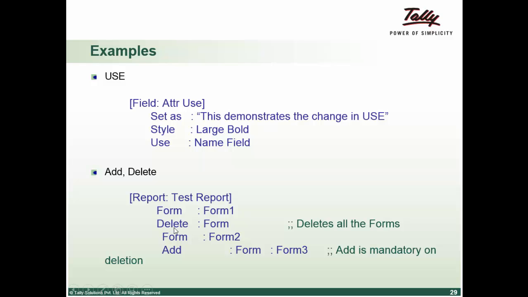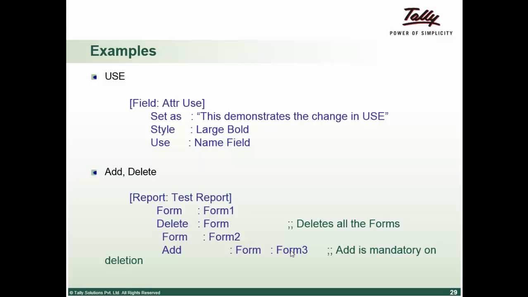Then we have written delete form, then add, delete and replace. In the sequence you have written, delete is written first, so it deletes form 1 and form 2, because we have written delete form and we have not specified which form. So form 1 and form 2 both get deleted. Add form 3 adds form 3. Right?